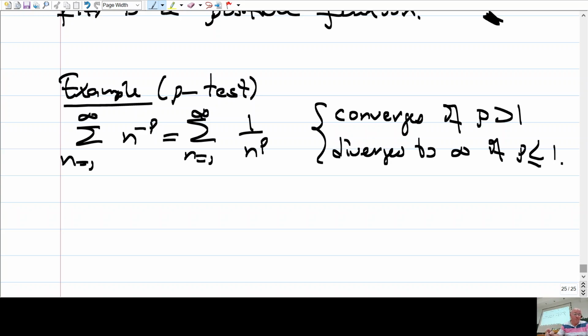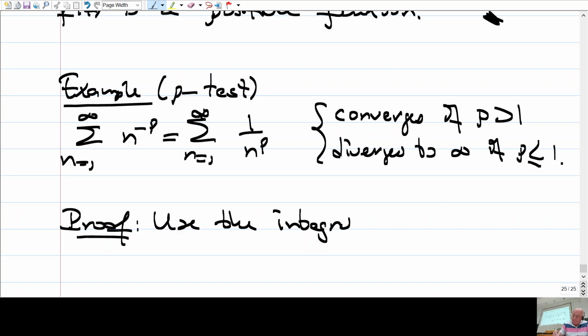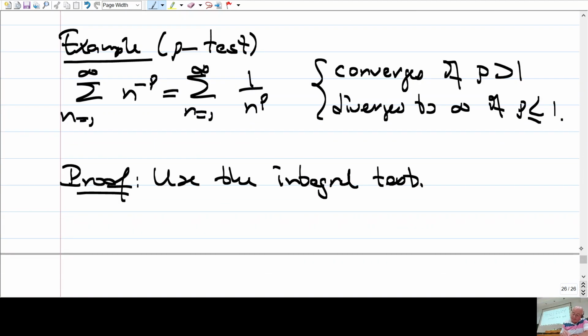Why is that? We can just use the integral test for the proof. How can we use the integral test?